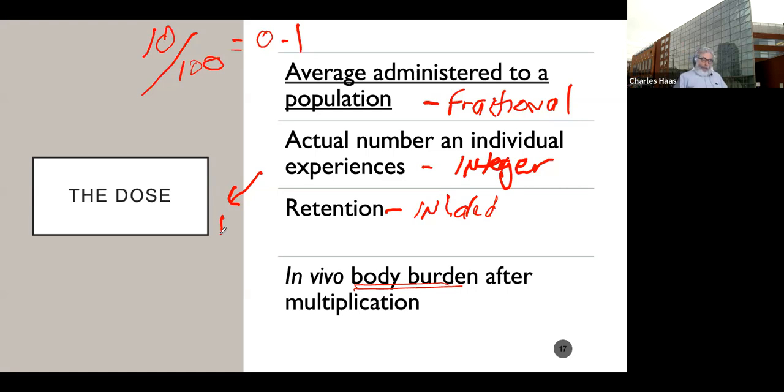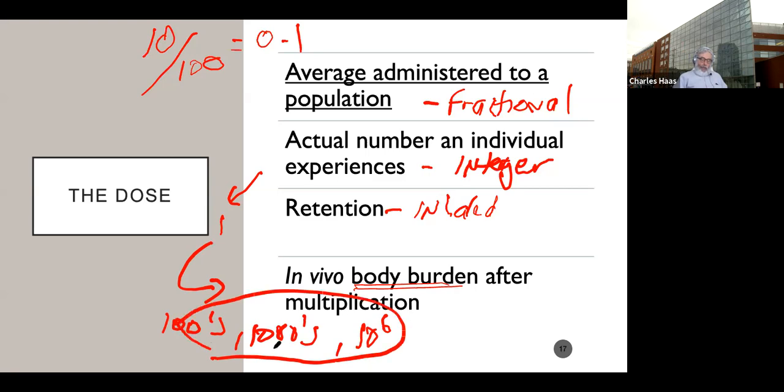But some other fraction of the people will have an experience where the one organism multiplies to hundreds, thousands, maybe even millions or more. And it's really when you get the multiplication that you get an adverse effect that leads to infection, illness, and in severe cases, obviously death.